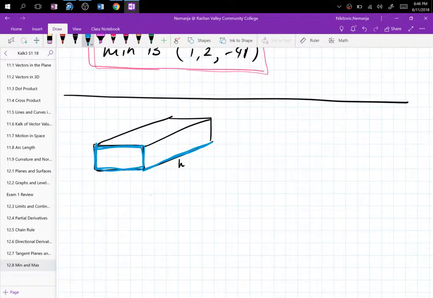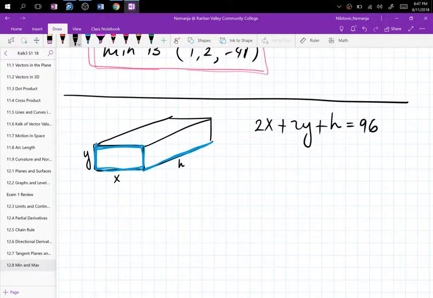So it says in the problem that the girth plus the height is not to exceed 96 inches, right? So those are the shipping regulations. So if I label these as x, y, and the height, I have 2x plus 2y plus a single edge not to exceed 96. So we are just going to say equal to 96, right?